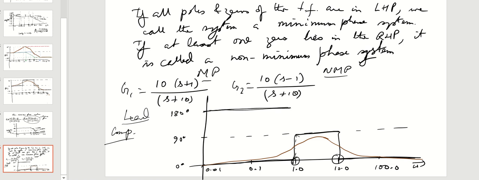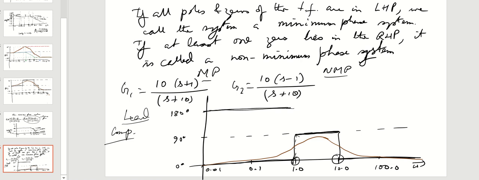Okay, coming back to this, what continues to happen is that now this behaves as the asymptote, because now it's s minus 1 beyond the corner frequency. For omega greater than 1, the real part continues to remain negative; it's only the imaginary part that grows.